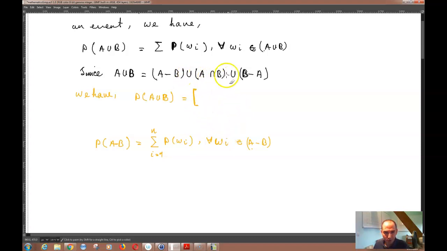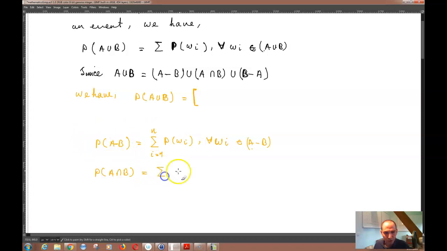And also the probability of this part over here, A intersection B, at the end of the day, this is just a set, right? This one is also just a set.